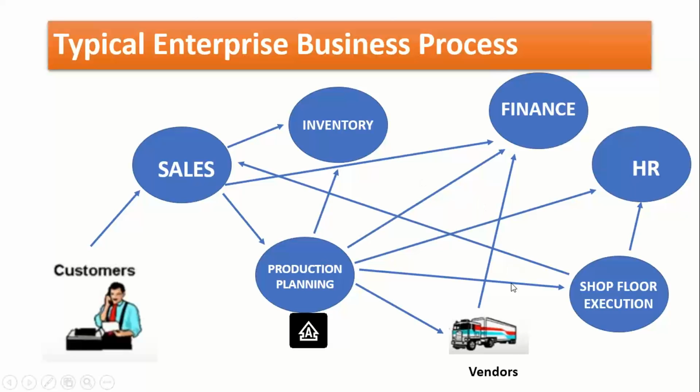Production planning says we purchased so and so product from this vendor, pay the amount to this vendor. Then the vendor says, I am the vendor, I supplied so and so raw material, please pay the amount to me. That is called accounts payable. Accounts receivable, accounts payable. So you're getting money from the distributor, paying the vendors, paying the employees, right?